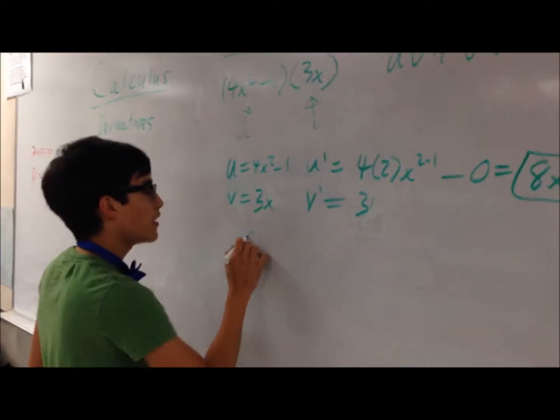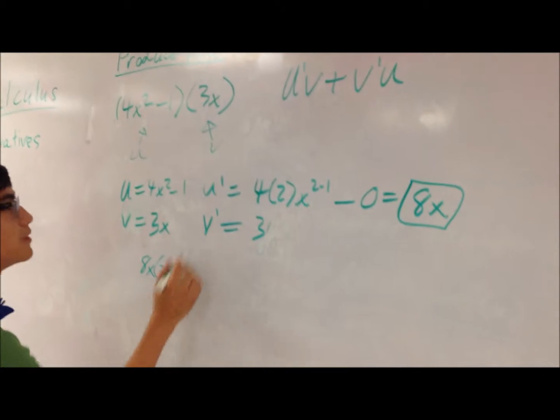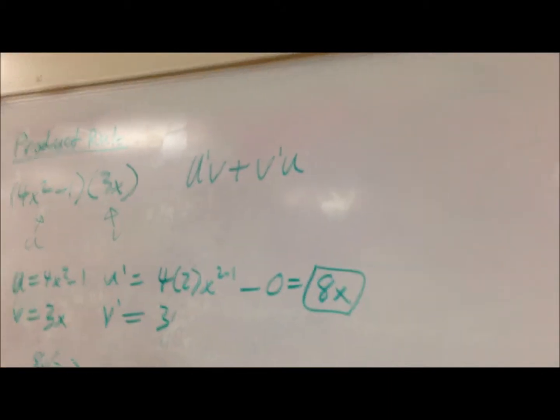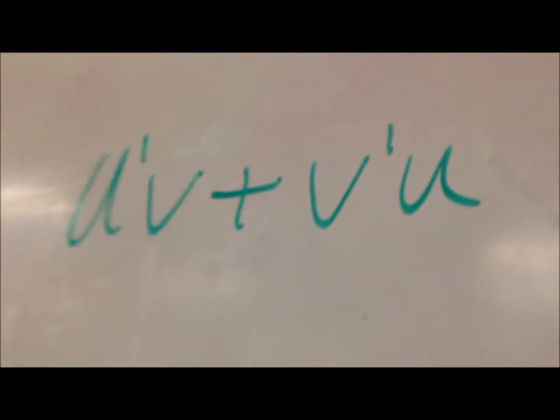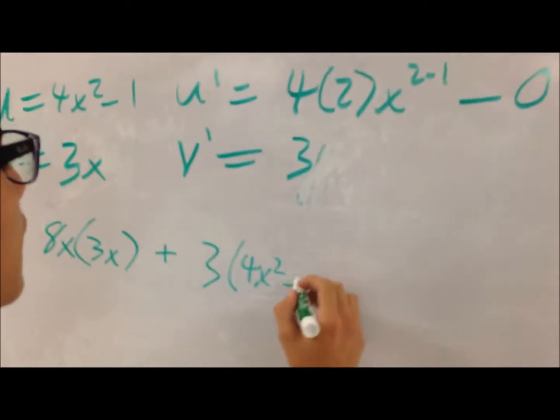So we have 8x times 3x being u prime, and v plus 3, which is v prime, times 4x squared minus 1.